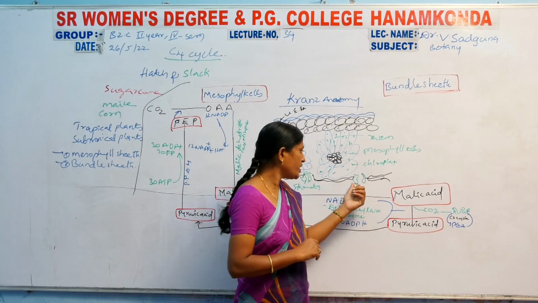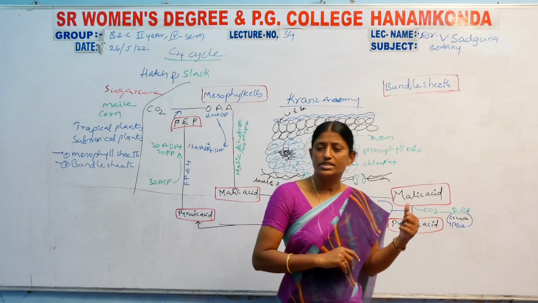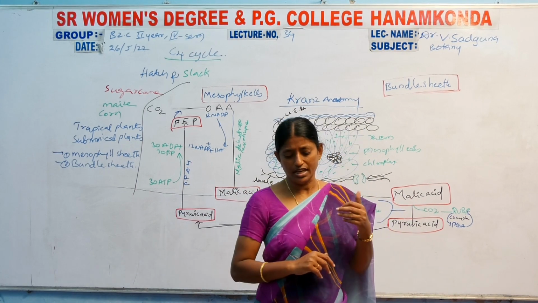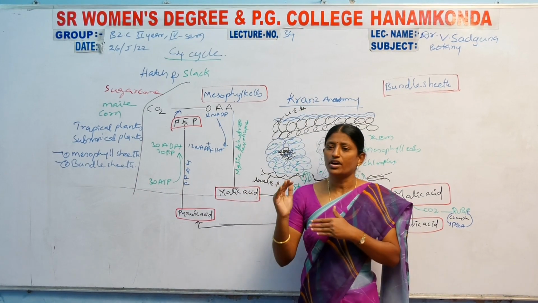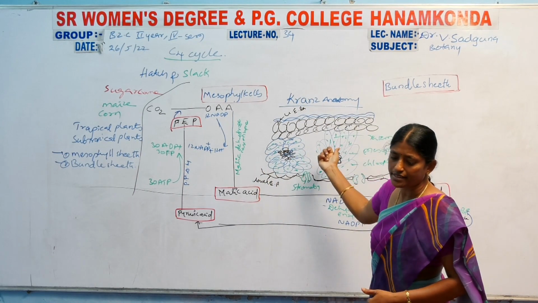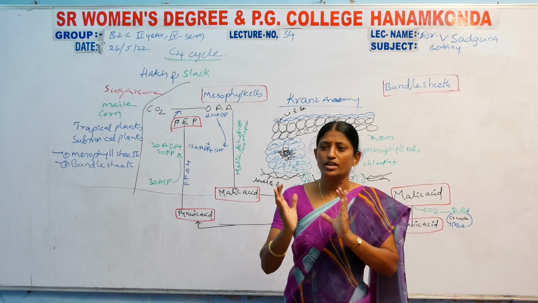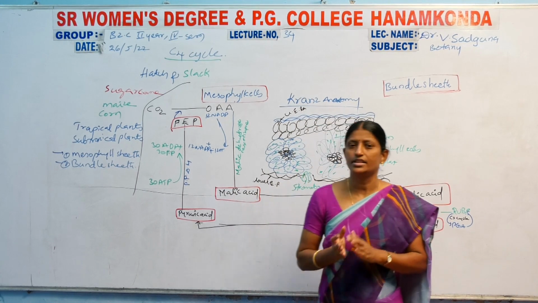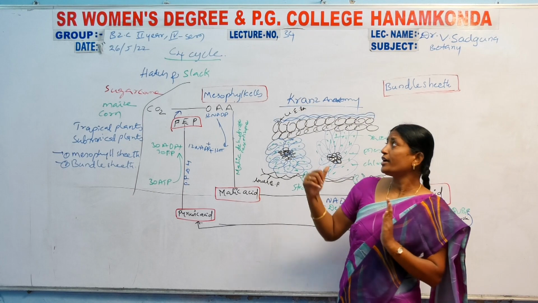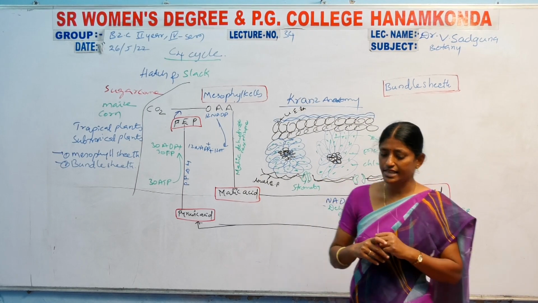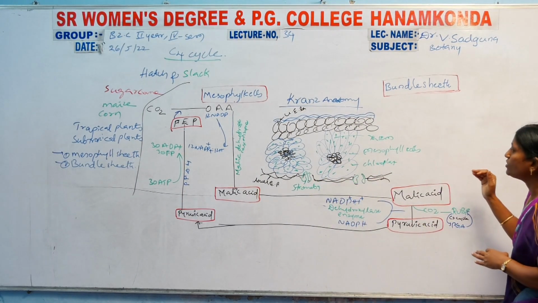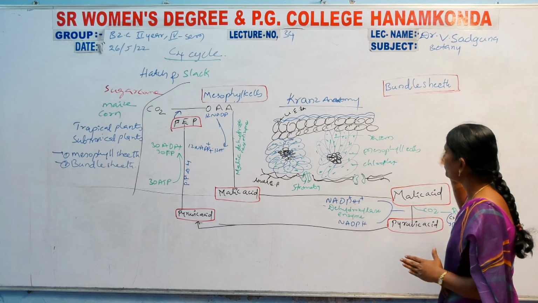The chloroplast is utilized in photosystem 1 and photosystem 2 reactions. So mostly it occurs in the reaction mechanism, that is the phosphoenolpyruvate carboxylation, in the mesophyll cells.